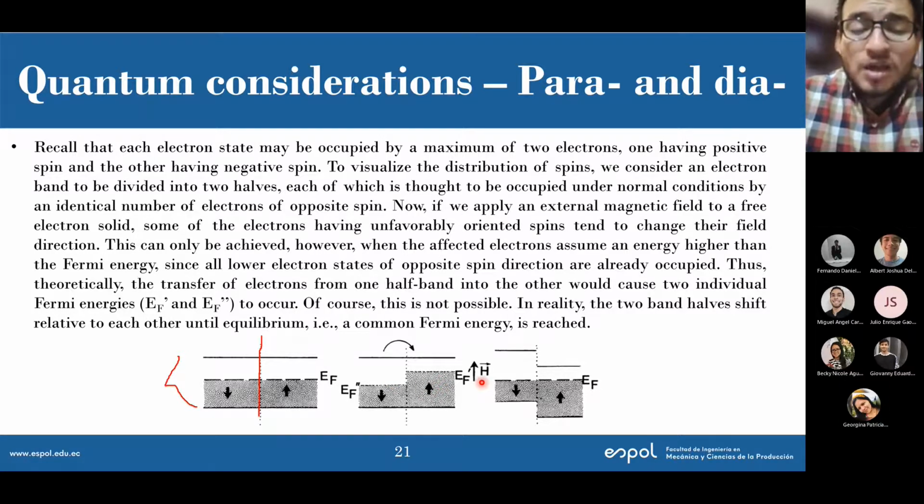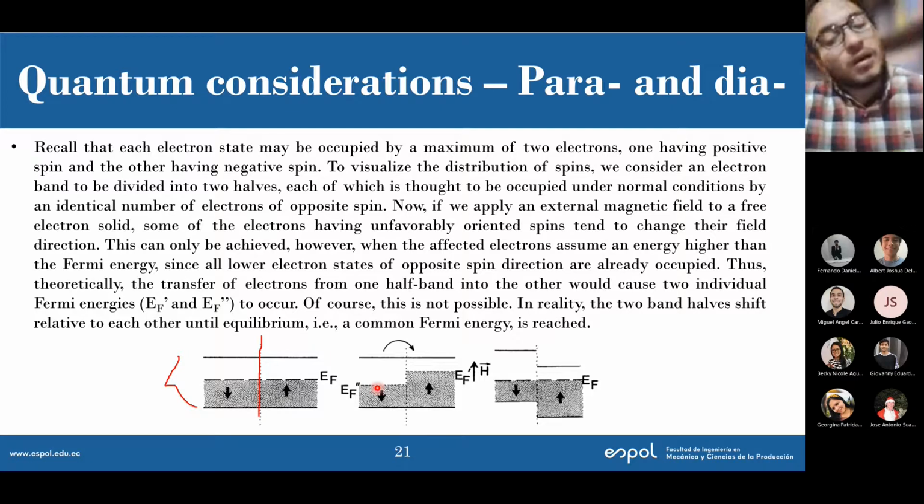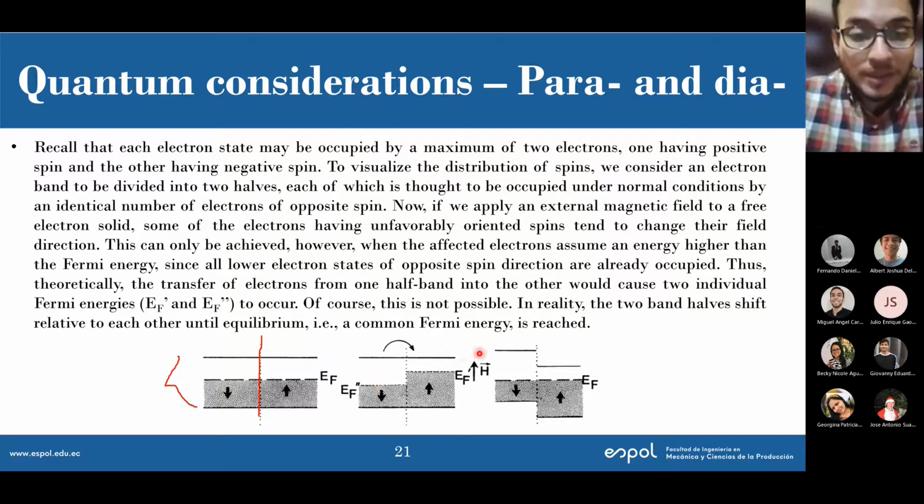And that is because some of these electrons that were unfavorably oriented just oriented the same way as the magnetic field. So they change their spin direction.